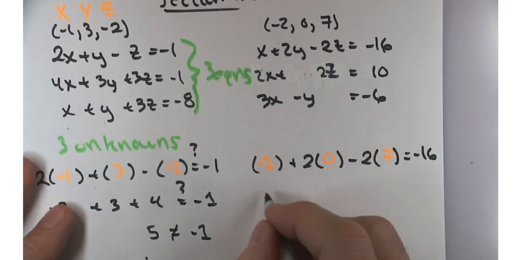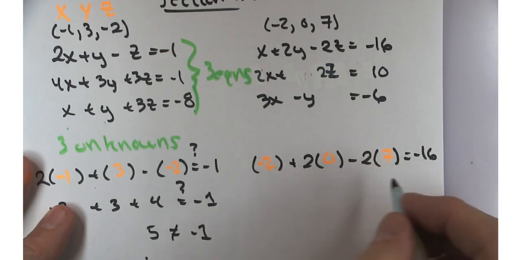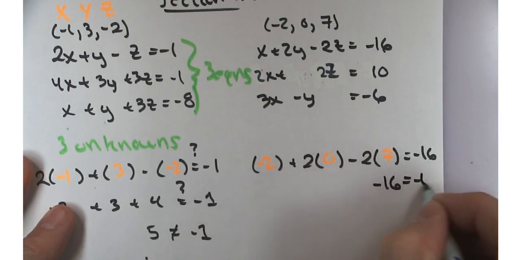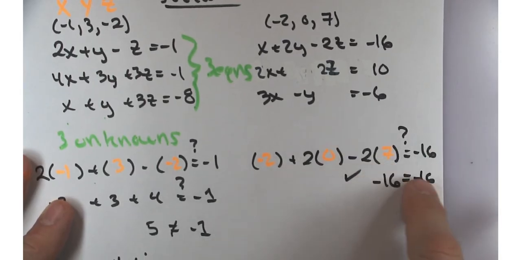So it's going to be -2 plus 0 minus 14. It's going to be -16 equals -16. That checks. Up here we weren't sure, down here we're sure.